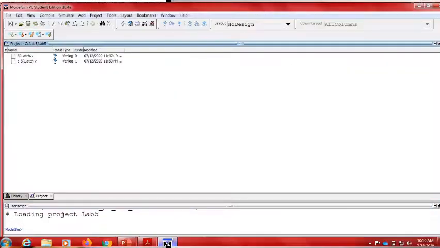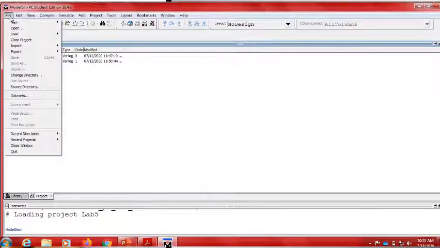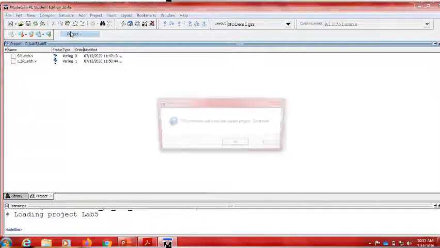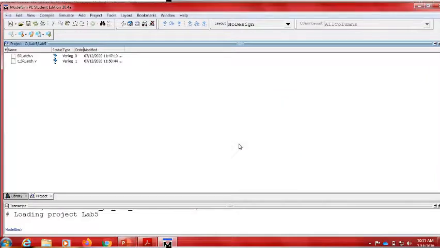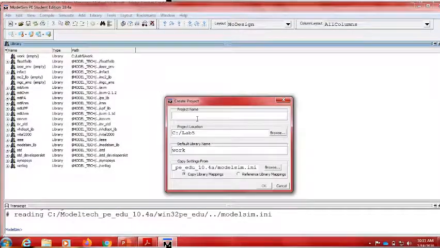Now let us go to ModelSim and see the basic structure of our setup, and we'll see how we're going to define our clocks here. So first of all, we're going to create our project with New Project. Yes, we are closing the current project, and we are naming it lab 6.